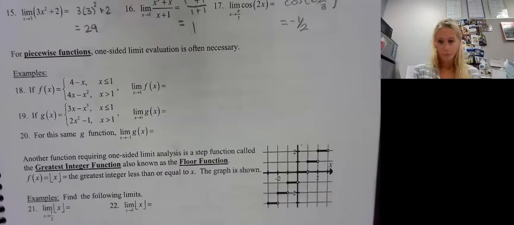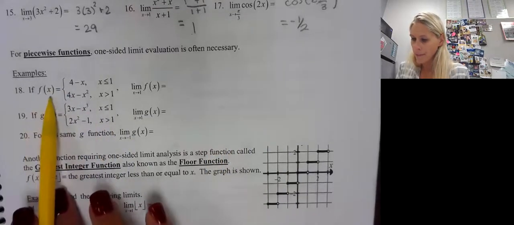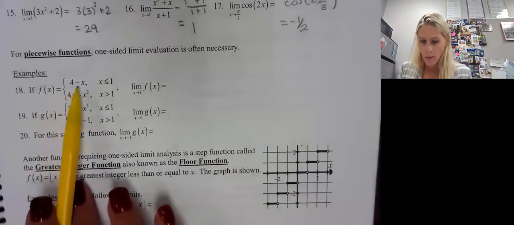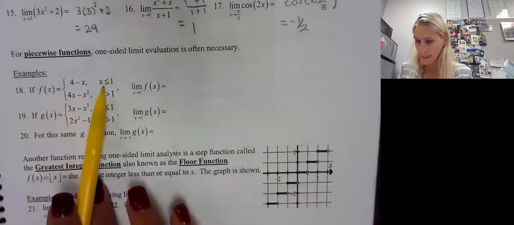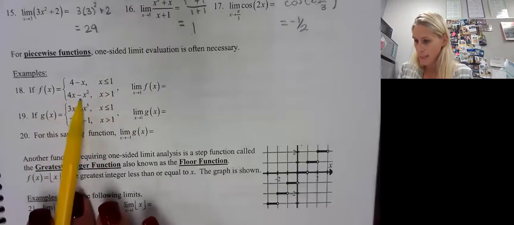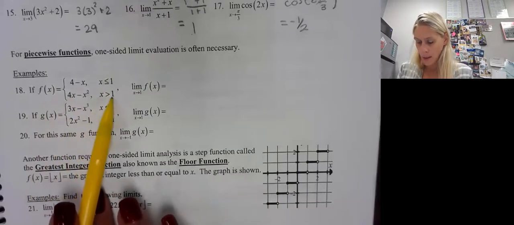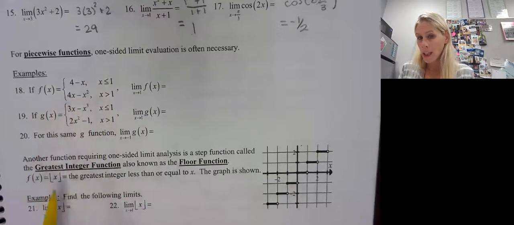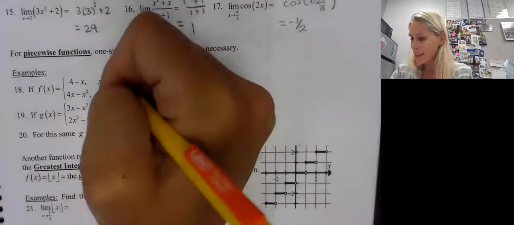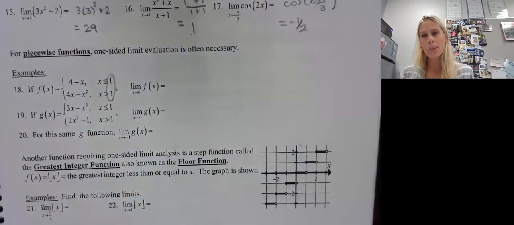So when we look at if f of x equals 4 minus x when x is less than or equal to 1, and then 4x minus x squared when x is greater than 1. What we actually have to do is check both sides, because this is where our graph splits.